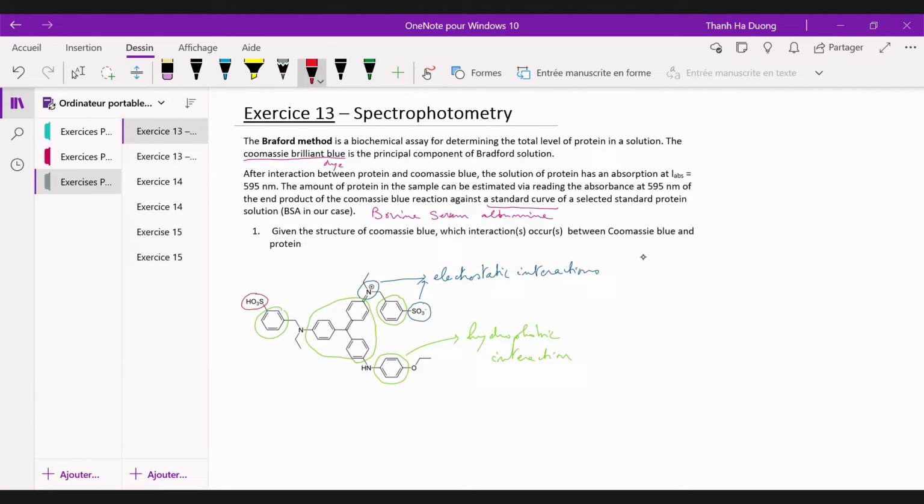Each time we have a nitrogen or a hydrogen linked to a nitrogen, an oxygen, or a hydrogen linked to an oxygen, which is the case here, and here you have a nitrogen. So with this function in red, you can have hydrogen bonds.